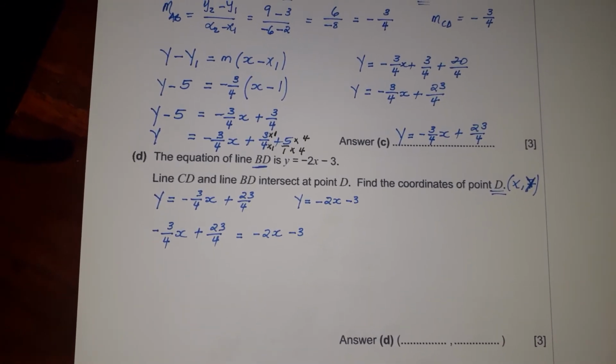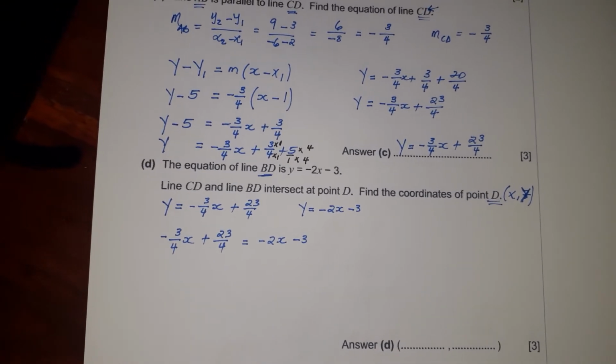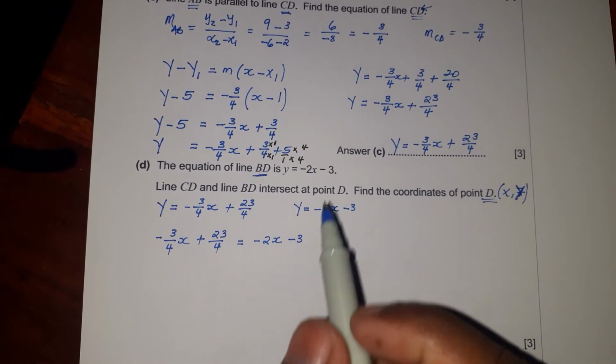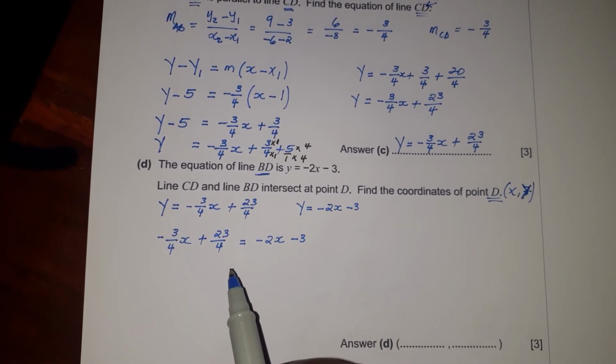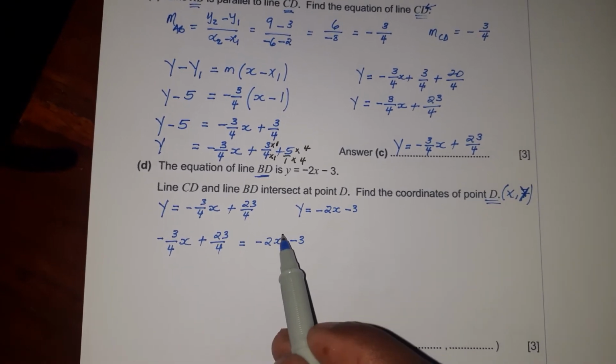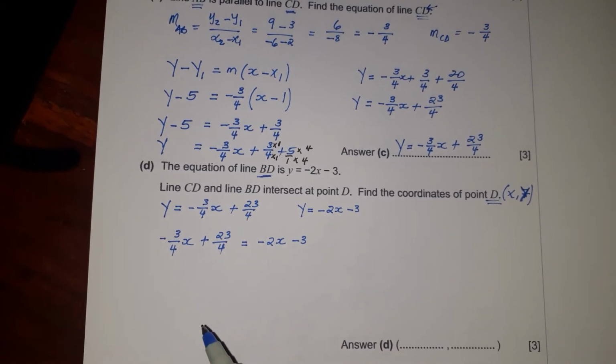Now what we need to do here is that we now need to collect like terms here. We have this term with an x and we also have this term with an x. We need to bring them together.